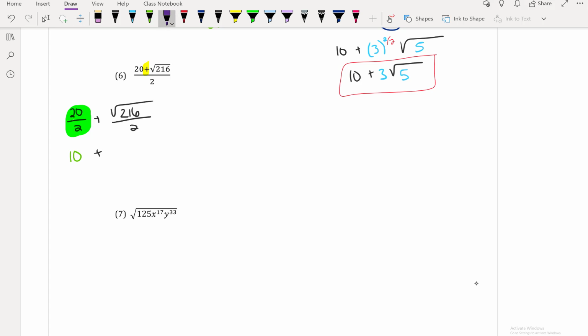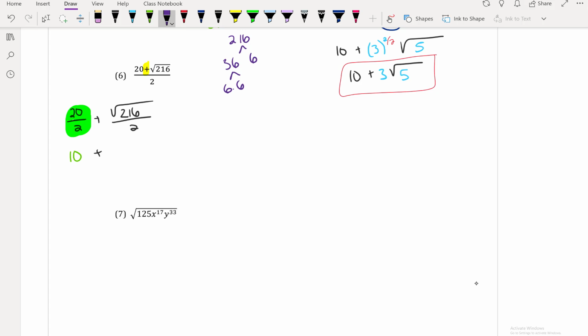So let's think about this. 216. Well, I know that 216 can be divided by 36. 36 times 6. And 36 is 6 times 6.